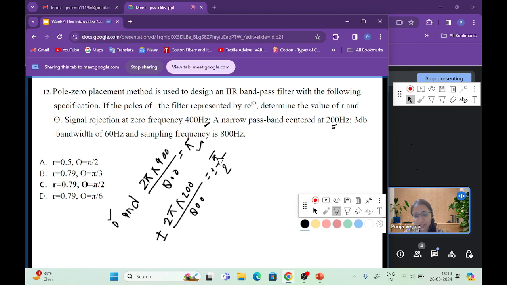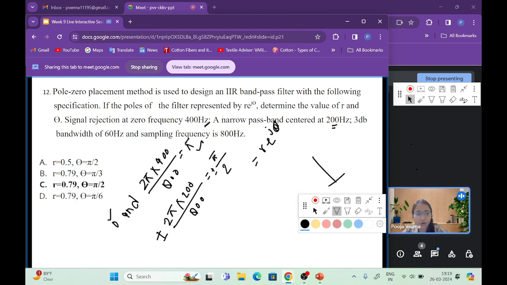The poles are placed at plus pi by 2 and minus pi by 2. The poles should be a complex conjugate pair, r e to the power j theta.